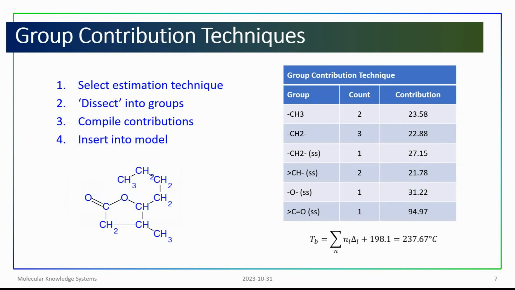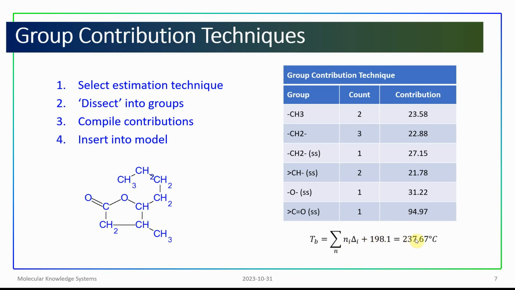Group contribution techniques are another type of estimation technique used by Cranium and Synapse. To estimate the physical property of a chemical using a group contribution technique, the software dissects the chemical's molecular structure into a set of groups, compiles contributions for each of these groups, and inserts these contributions into a model.